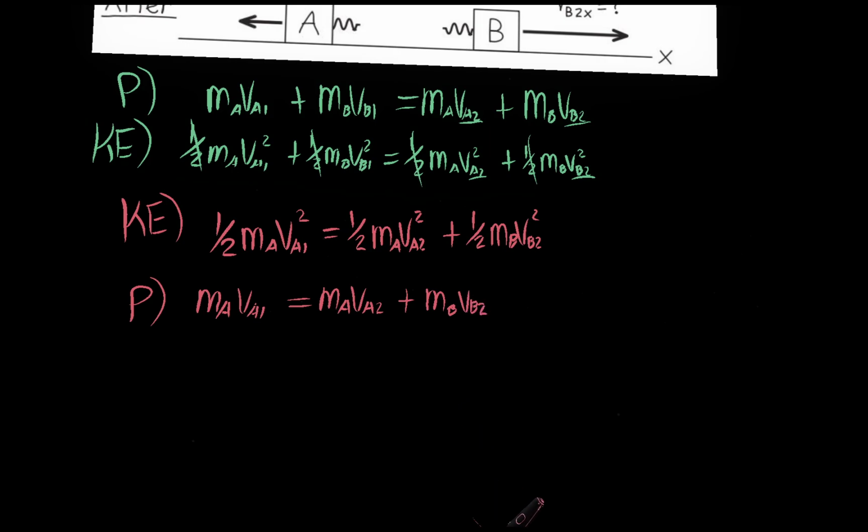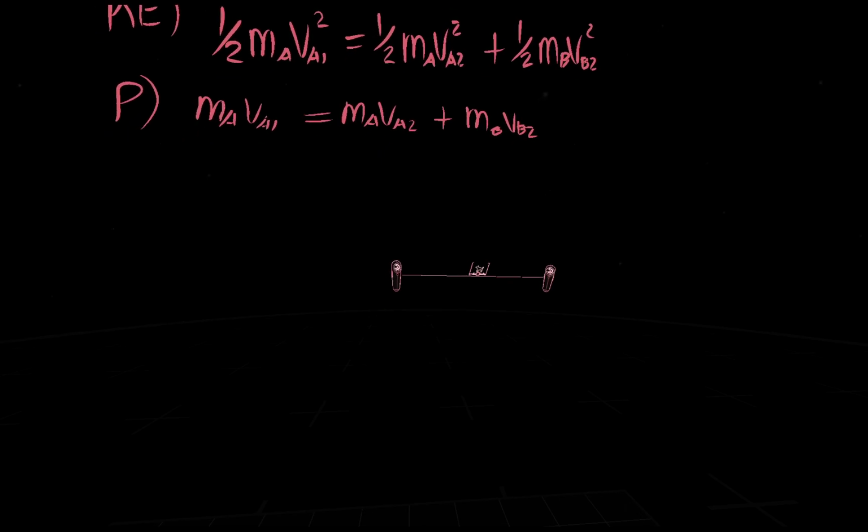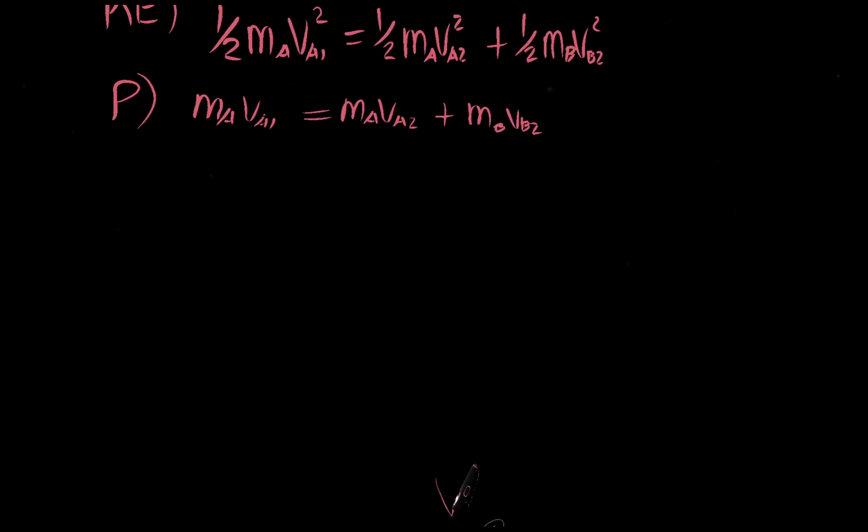So these are our two equations if we have that scenario where A is colliding into B where B was at rest. So in this case, we can in fact solve pretty reasonably for the final velocities of both the objects in terms of the masses and the initial velocity of A. That's what we want, right?